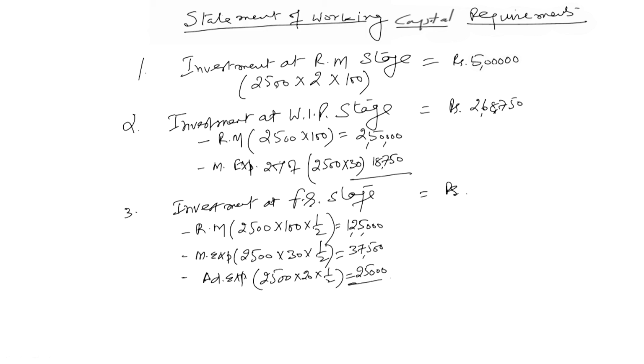Now how much is the total cost here? If you calculate the total cost at the finished goods stage, the total investment required at the finished goods stage: 1,25,000 plus 37,500 plus 25,000.